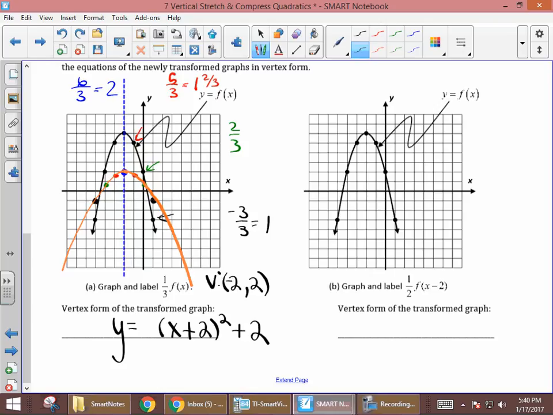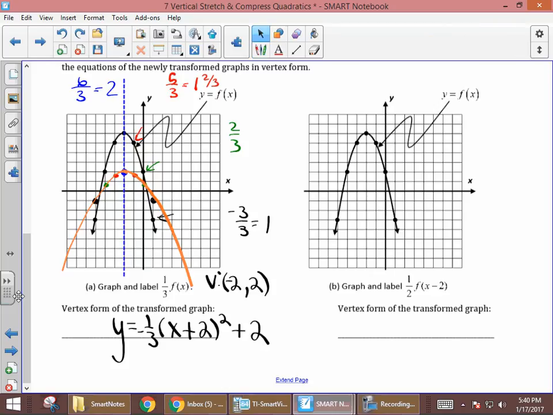The only thing missing is a, and we know that is 1/3 because it was 1/3 of what it was supposed to be. And it is opening down. So it looks like that. Negative 1/3 (x plus 2) squared plus 2.